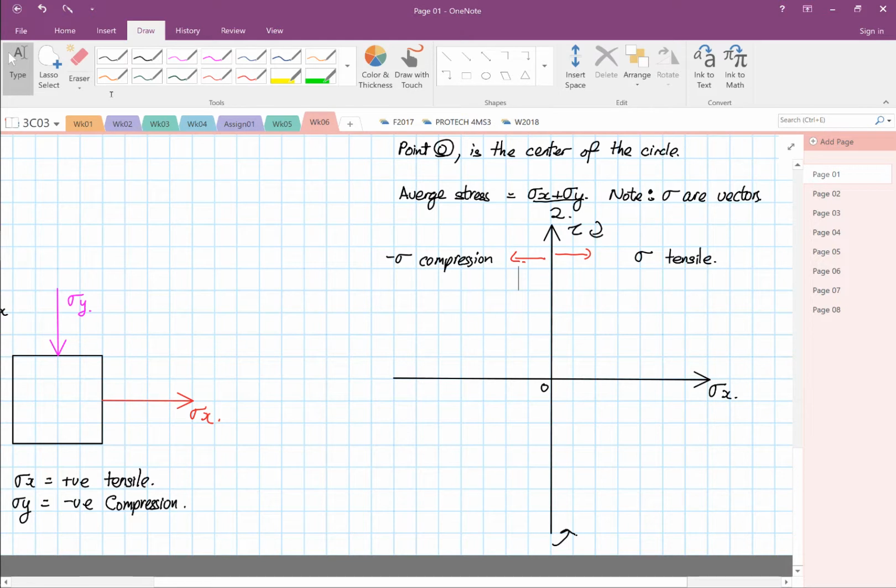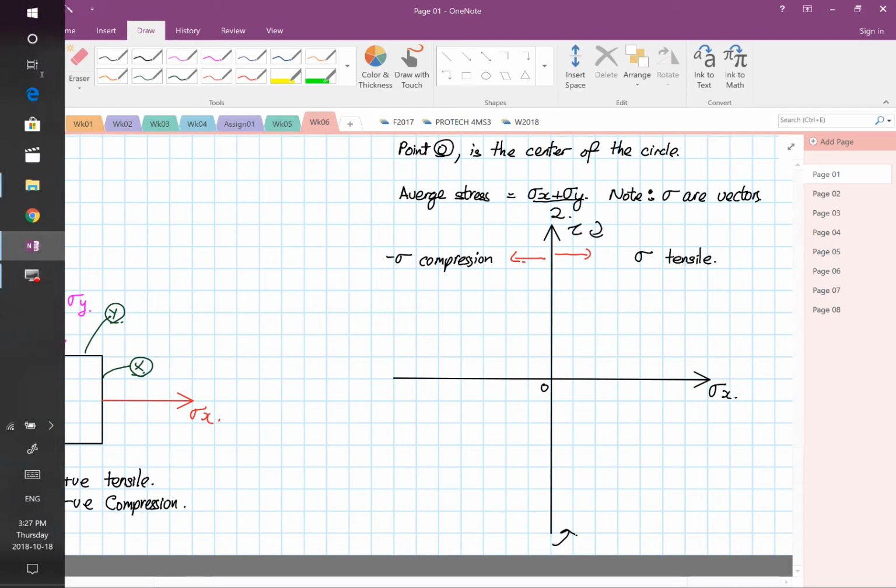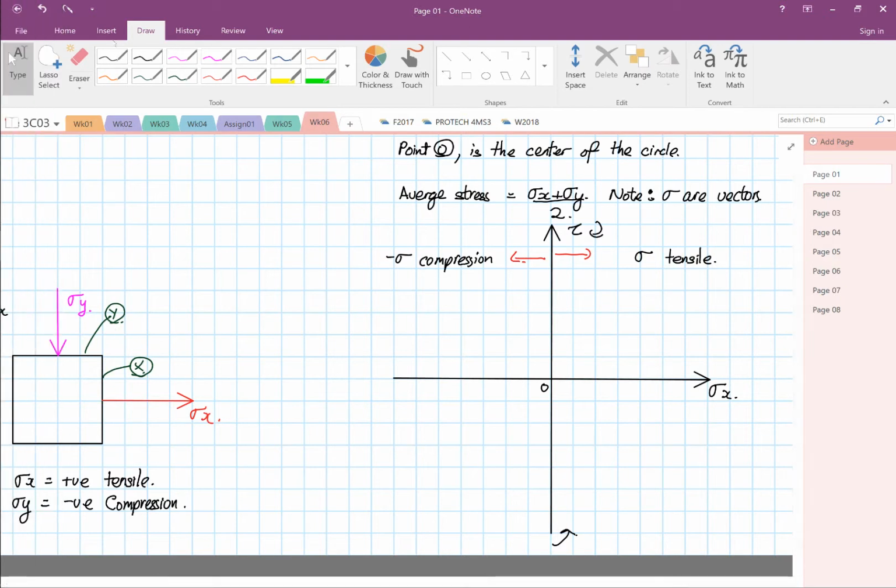Before we go on, since we keep on forgetting this, it's a good practice to label this as point X, and over here this as point Y. From here we know that stress X will be somewhere along this line, and then your stress Y, which is compression, will be somewhere around here.